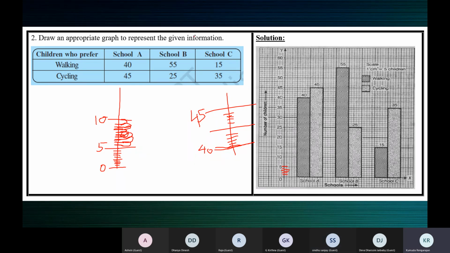What is 5 by 10? 1 by 2, ma'am. 5 by 10 is 1 by 2 or 0.5. That's what we did. That's why we read 5, 5.5, 6, 6.5. We kept adding 0.5 to get the value of the next consecutive division.